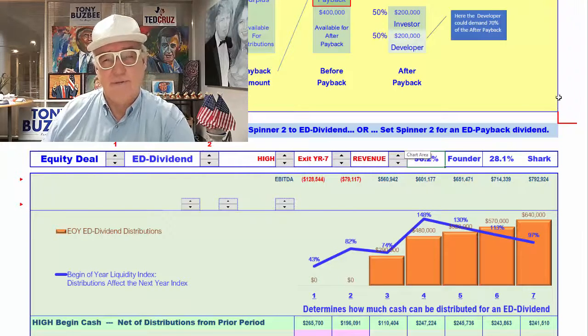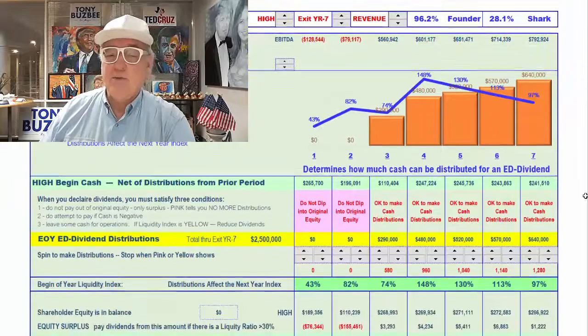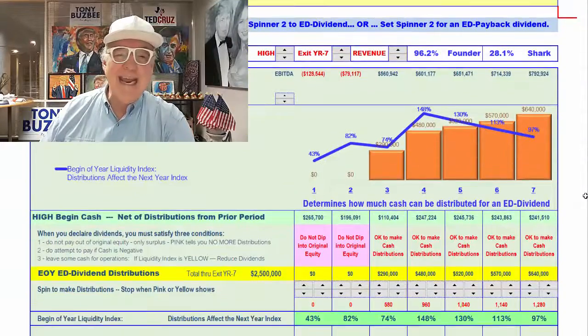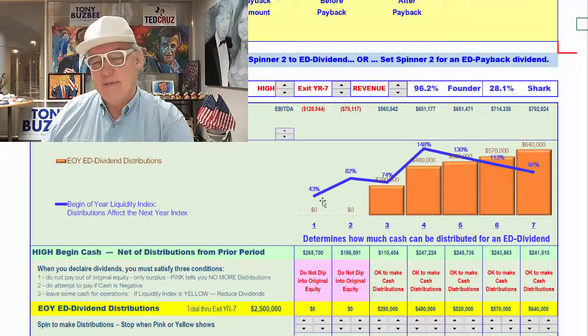Now, these are straight old dividends. We have another kind of dividend out there, which is a little more complex, but we're ready to do that soon. So to review Section H, see this little blue guy here? That's your liquidity. It drops a little bit every time, but it's always going up, but it's coming down as you make out these dividends. These are huge dividends.